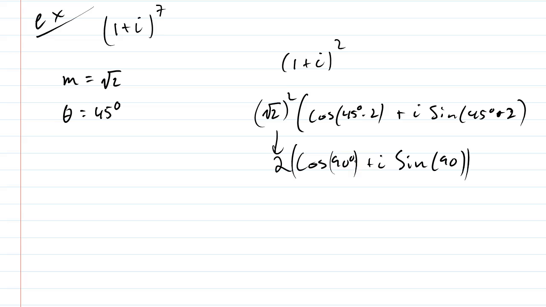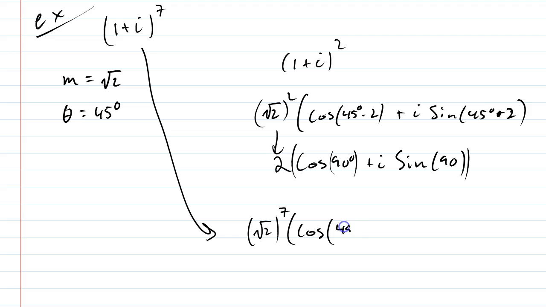I could do much more than that, and it's way easier to do powers instead of FOILing it out 7 times. So for the actual answer, I would take the magnitude, square root of 2, raise it to the 7th power, and I would do cosine of 45 times 7 degrees plus i sine of 7 times 45 degrees. Okay, so what is the square root of 2 to the 7th?